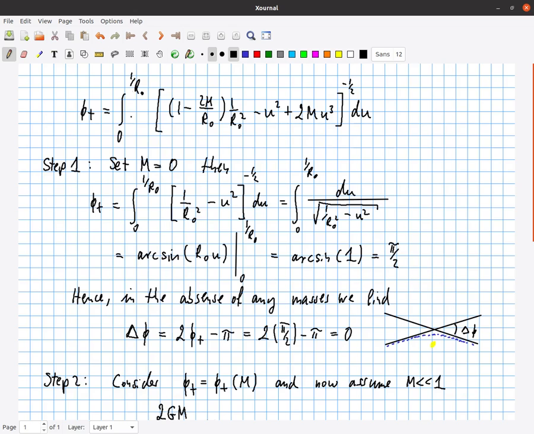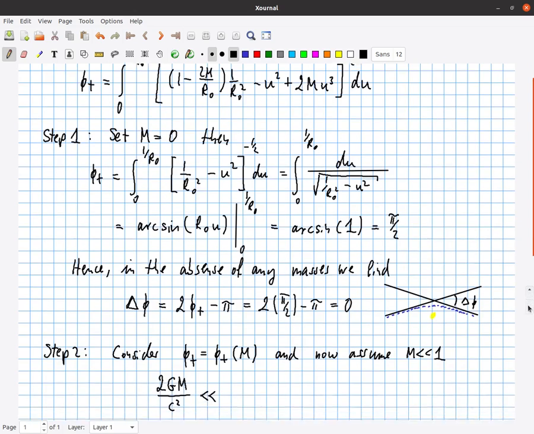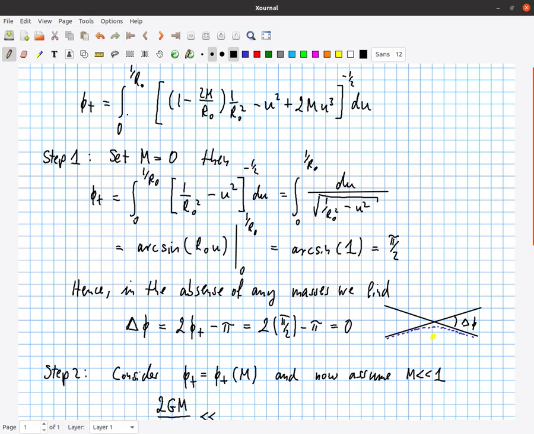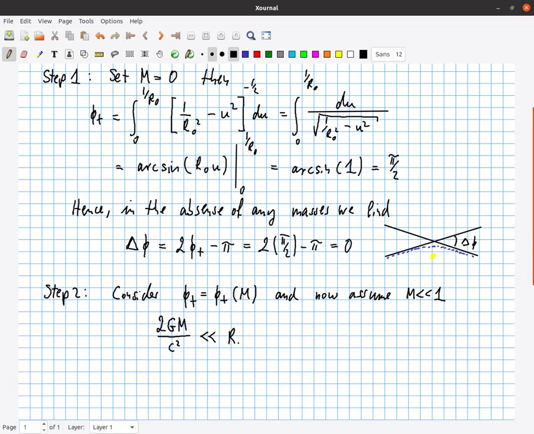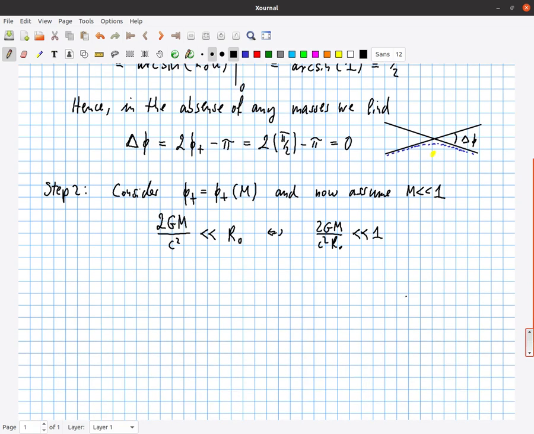Recall that we are integrating between 0 and 1 over r naught, but r naught itself is already very large. So therefore 1 over r naught is very small. So we are only integrating over small values of u. So this is much, much smaller than 1 over r naught, or we can also say that this is much less than 1. And we estimated this for the mass of the Sun, this was around 10 to the minus 5. If we view phi as a function of m, we can now write down a series expansion.